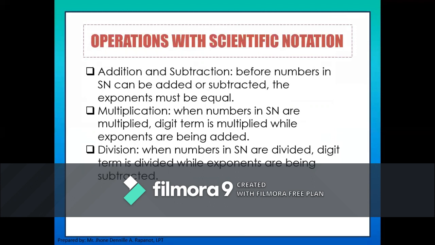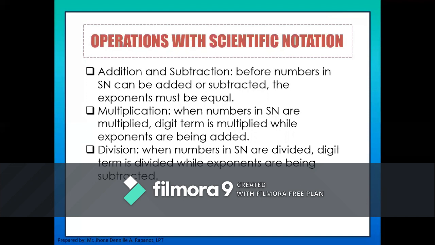For addition and subtraction, before numbers in scientific notation can be added or subtracted, the exponents must be equal. Now, for multiplication, when numbers in scientific notation are multiplied, digit term is multiplied while exponents are being added. Now, for division, when numbers in scientific notation are divided, digit term is divided while exponents are being subtracted.